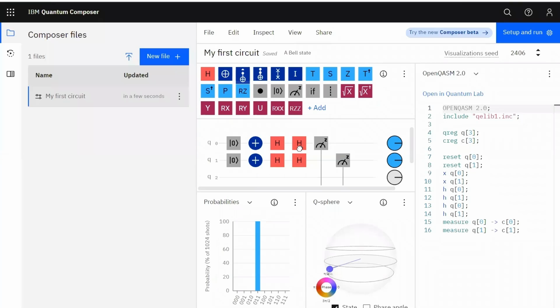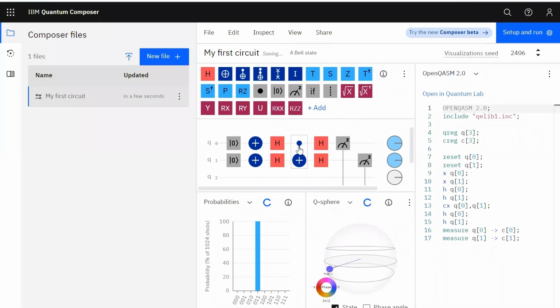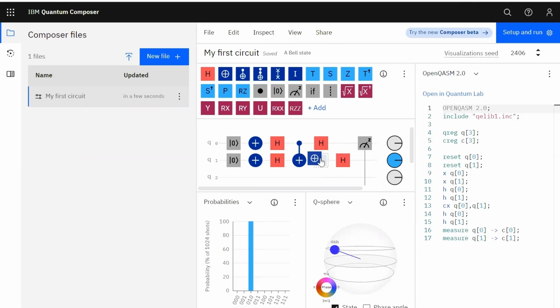So if I put here a C naught gate, it might take some time. You will see that I have a 0, 1. And even if I add a naught to this design here, I'm supposed to get the same thing, which is 0, 1 again. See, it's 0, 1 again.